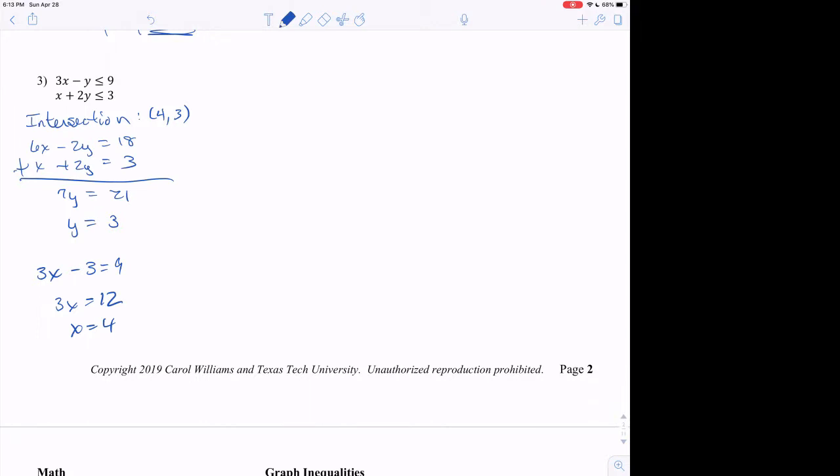Now, if I let x equals 0 in the first line, then I get y is negative 9. If I let x equals 0 in the second line, then I get 3/2, sorry.